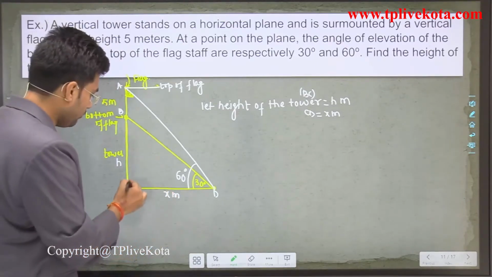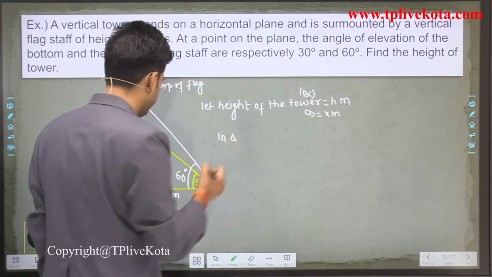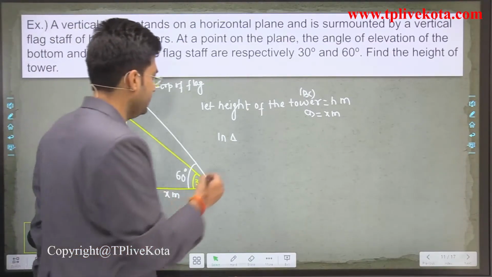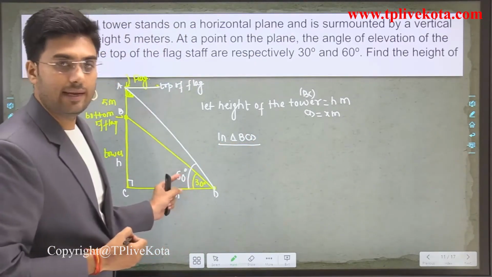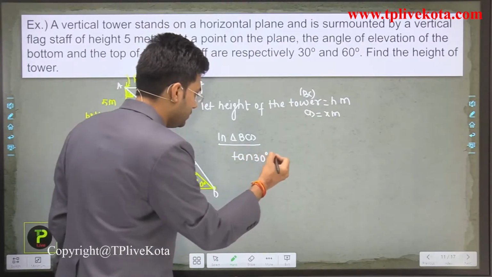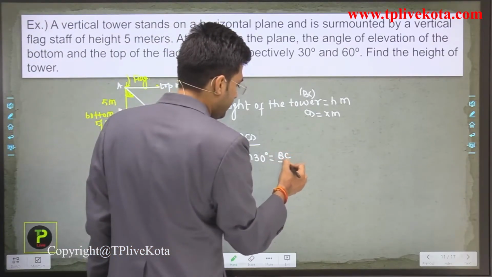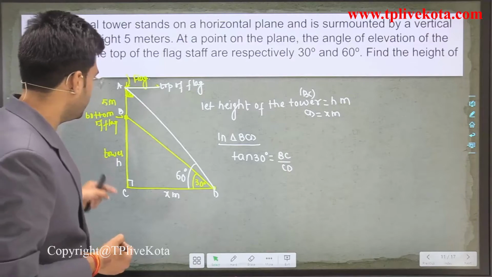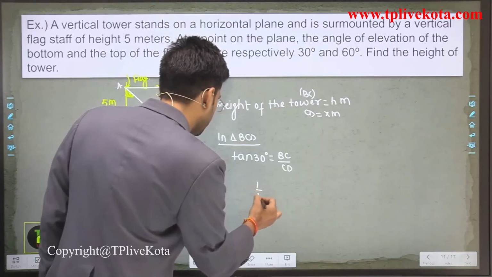So now here we have two right angle triangles. First of all, in triangle BCD, let's use tan theta. So tan 30 is equal to BC divided by CD, and tan 30 is 1 upon root 3.